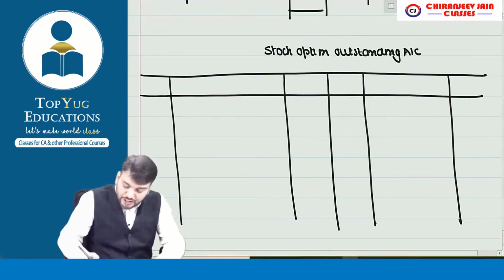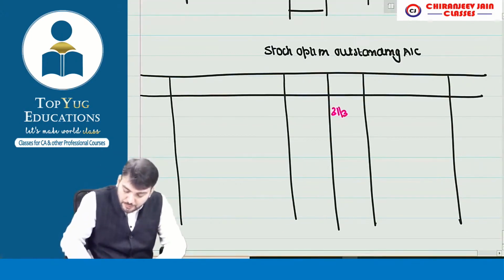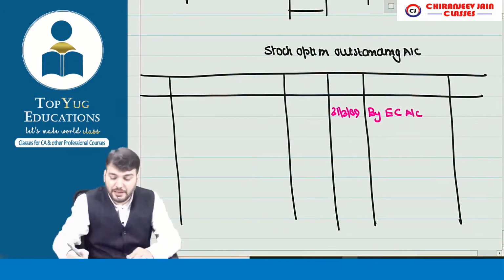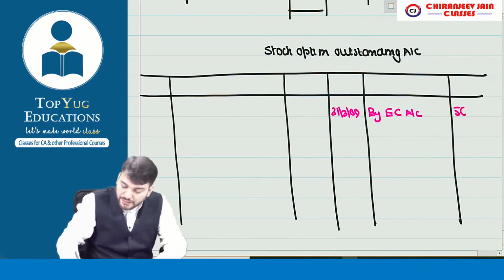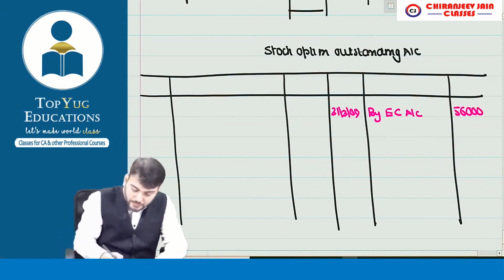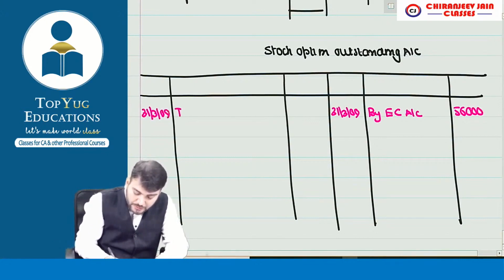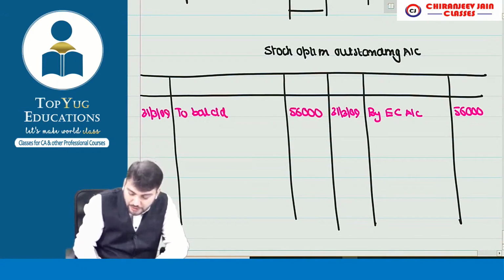We'll start with the first year, 31st March 2009, by employee compensation account, by EC. You don't write EC in exam, correct? 56,000. And on 31st March 2009, this will be balance carried down, 56,000.